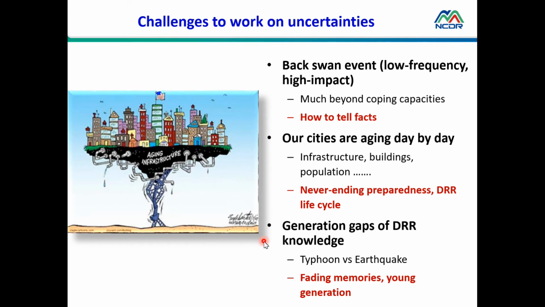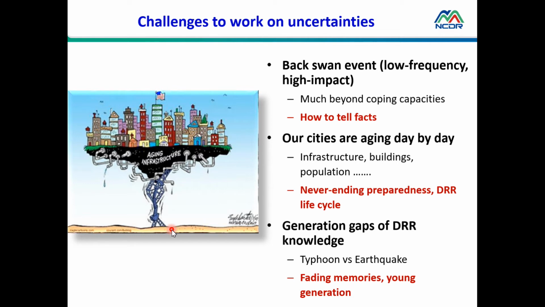So coming to some conclusions of my two slides. We are all living in urban areas, but our urban areas are supported by aging infrastructure, just like an aging society.